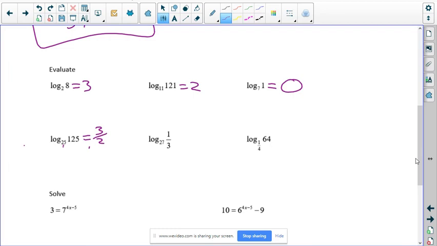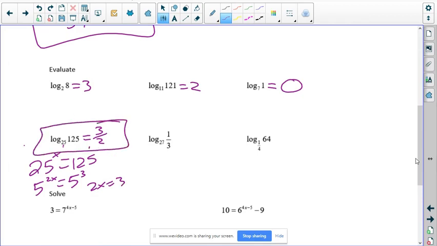Some people say 25 to some power is 125, and then choose to solve in ways similar to what we did earlier: 5 to the 2x equals 5 to the third, so 2x equals 3, and x is 3 halves. They get the same thing, but you can do it by just thinking about it logically in many situations.